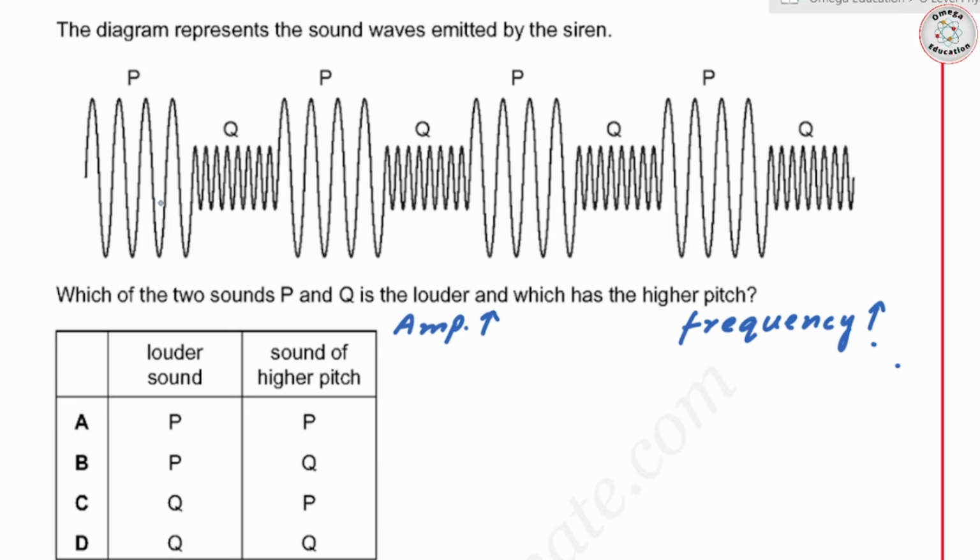P. So the sound P would be louder. That means C and D are out the window. And then which has more frequency? It is Q, because for Q the waves are compressed, the waves are close to each other. So B would be the right answer for this one.